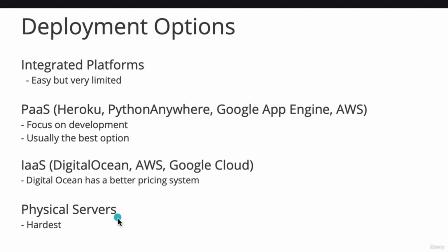But with physical servers, which is the other next option, you have to maintain the operating system, but also the physical servers themselves. For example, I used to work in a company which managed GPS data, lots of them. And we had these physical servers in a room. And one day the power went off, and even though the servers had backup power, the room cooling system itself didn't have backup power.